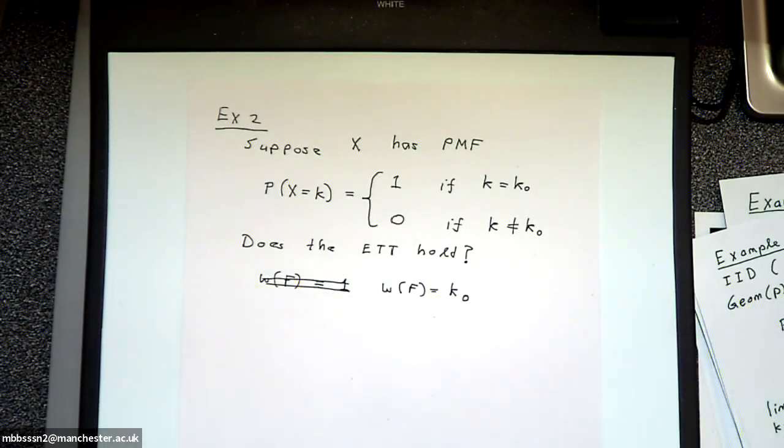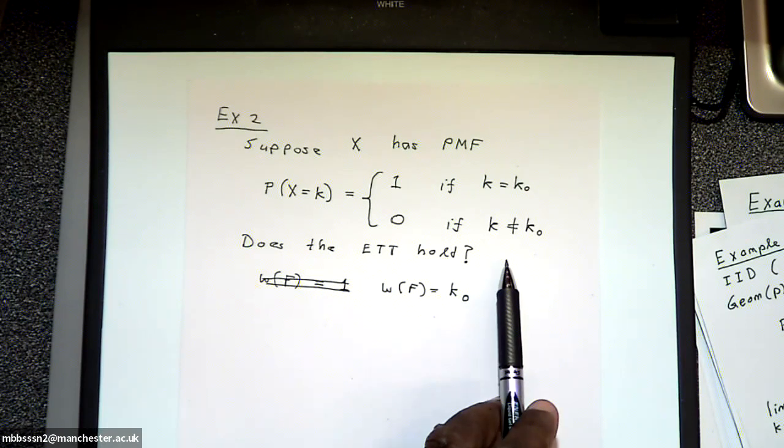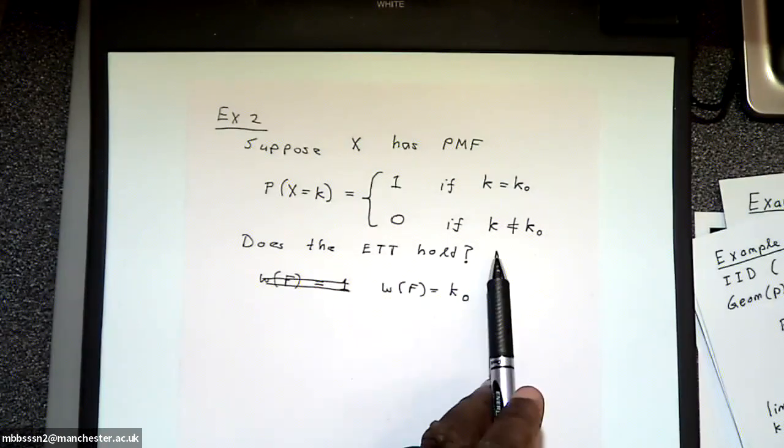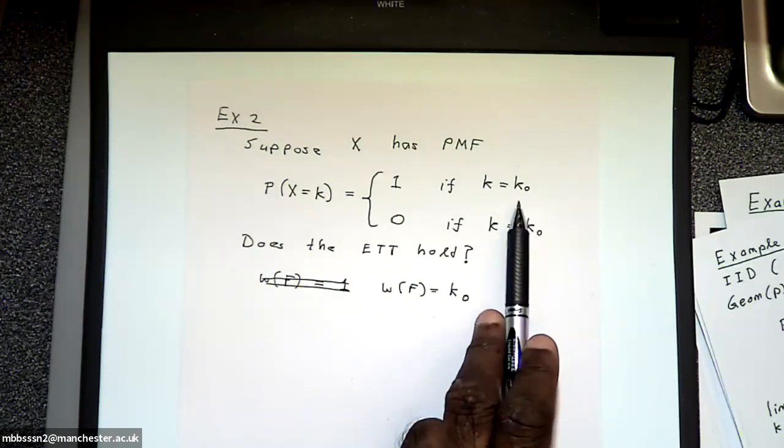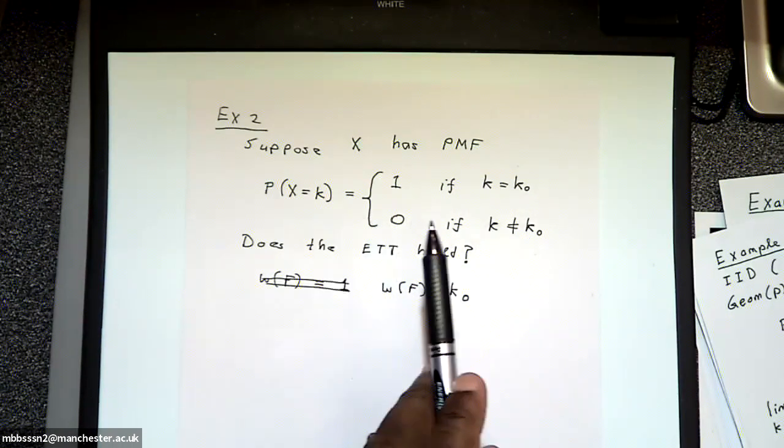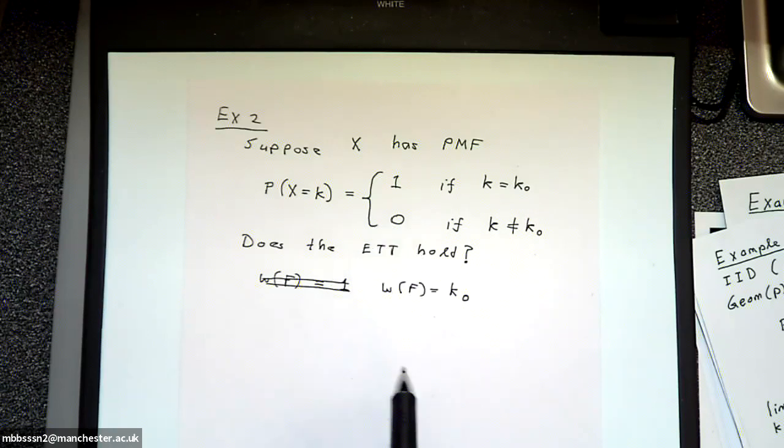It's K0, because the only value that the variable can take is K0, and it's undefined everywhere else, right? So it's K0.